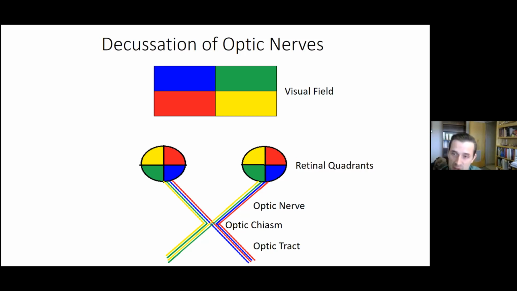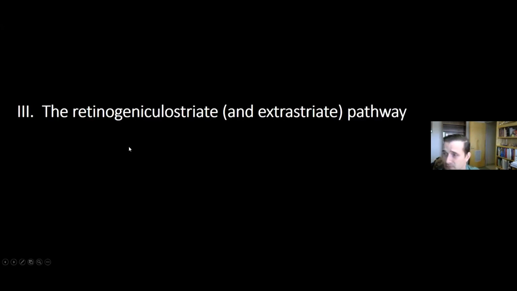The left side of the visual field goes to the right side of the brain. Also, because of the inversion of this image, because of the lens of our eye, top of visual field goes to the bottom of the primary visual cortex in the brain. Bottom of the visual field goes to the top of the primary visual cortex in the brain.